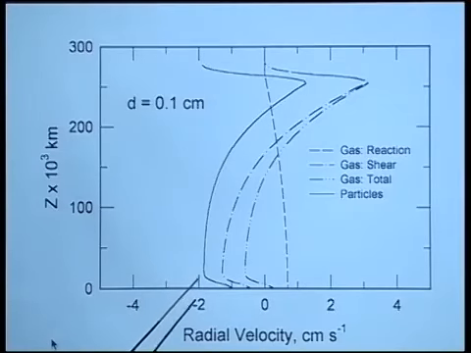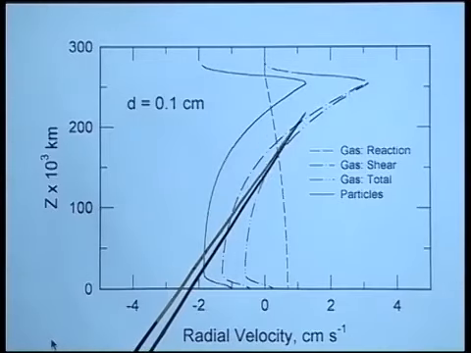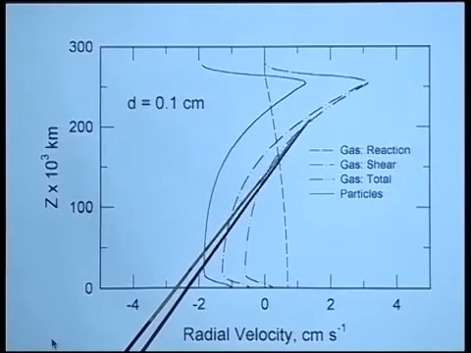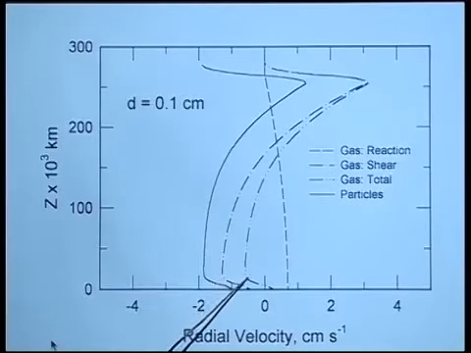But you have the shear velocity there, which is causing the upward flow of momentum from the gas down here near the midplane to the gas that's higher up, and that is this component here, and the net gas flow is their sum, which is this curve in between.